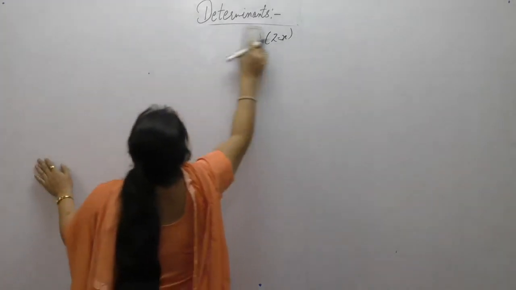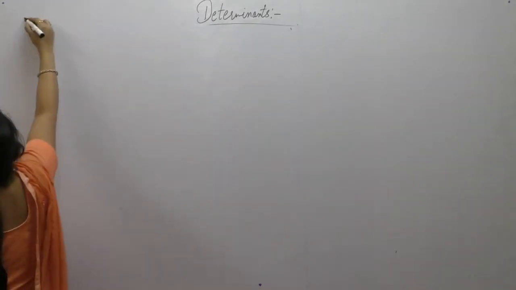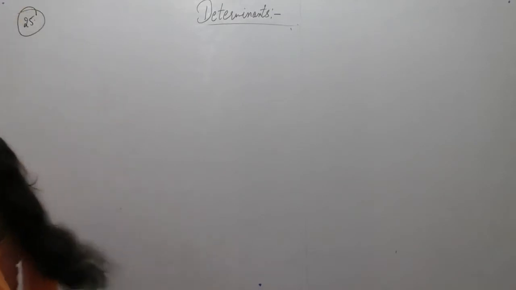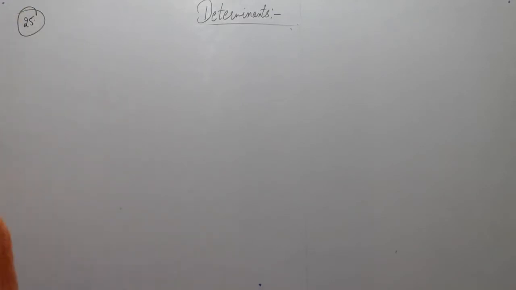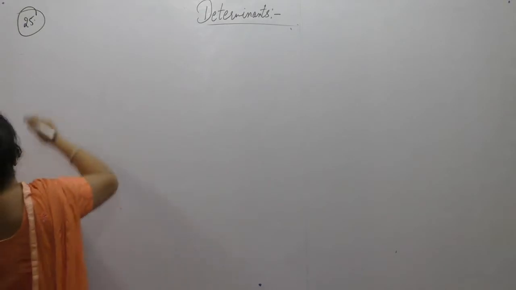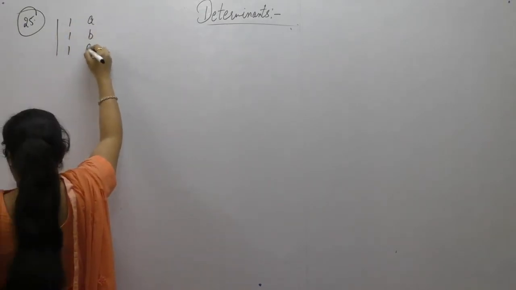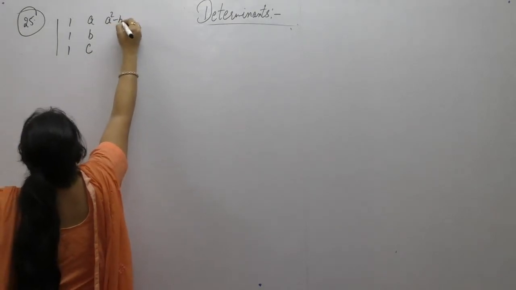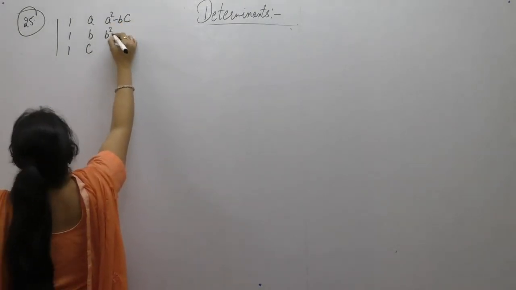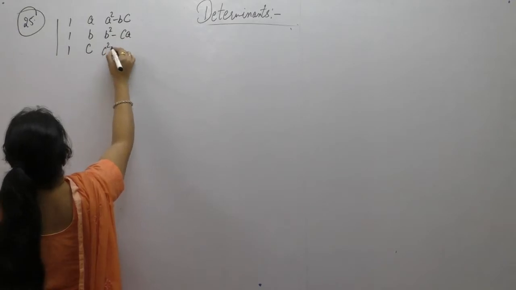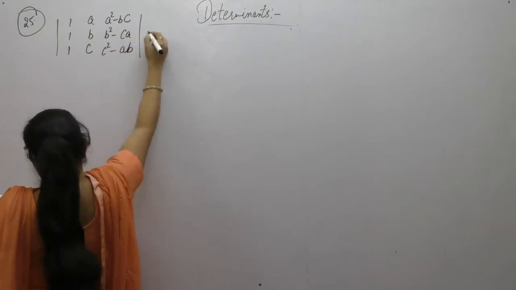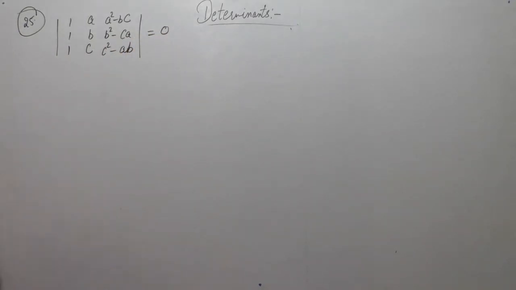Now the next question is, write down the statement. Using properties of determinants, show that the determinant 1, 1, 1, a, b, c, a square minus bc, b square minus ca, c square minus ab is equal to 0.